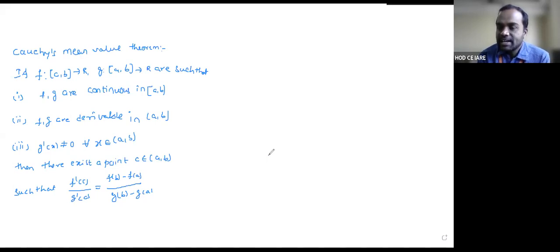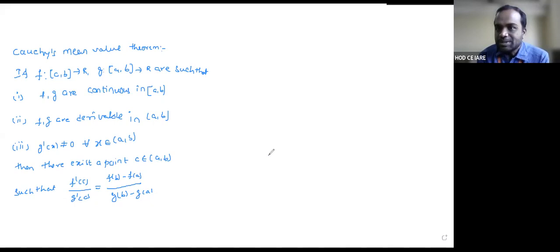And the second condition, they are derivable in the open interval of a comma b. That means f of x and g of x are derivable in the open interval of a comma b. The third condition is compulsorily g dash of x is not equal to 0.